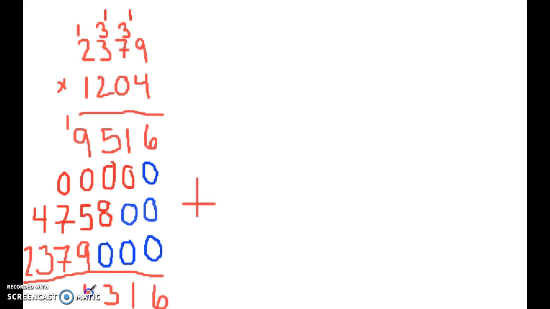So we just drop down our 4 and carry our 2 to add with our 7 and 7, which will be equal to 16. We drop down the 6, carry the 1, and we have our 1 plus 4 plus 3, which is going to be equal to 8. And finally, our 2, drop down, and we get our final answer.